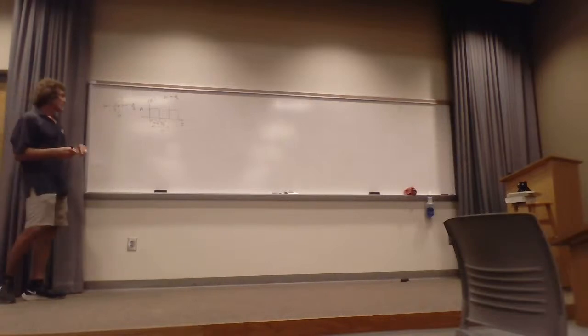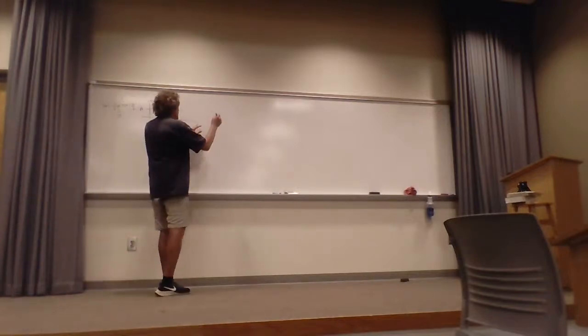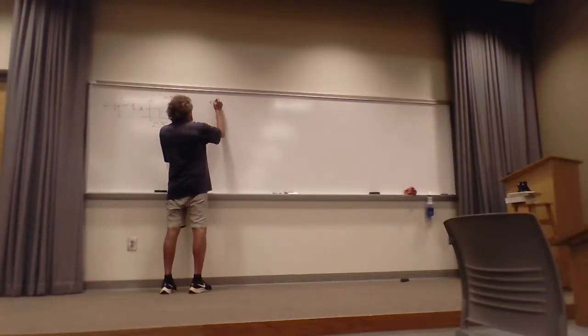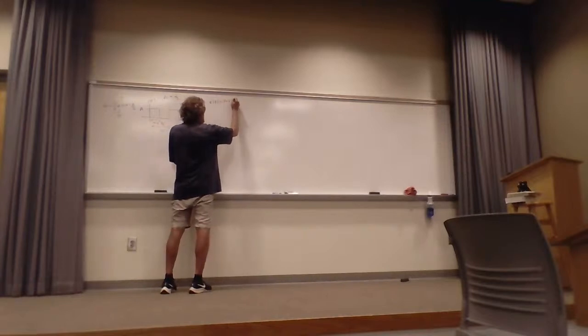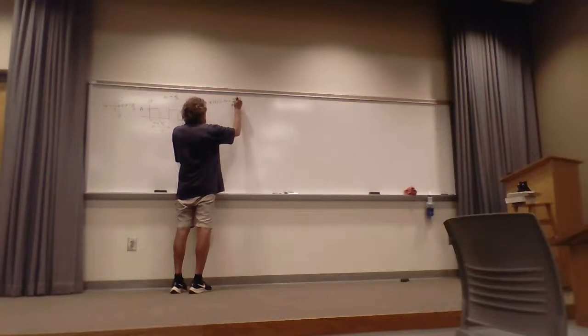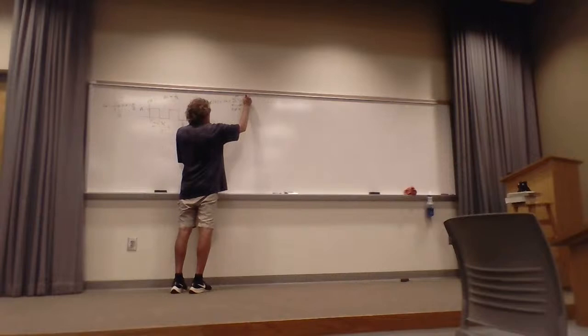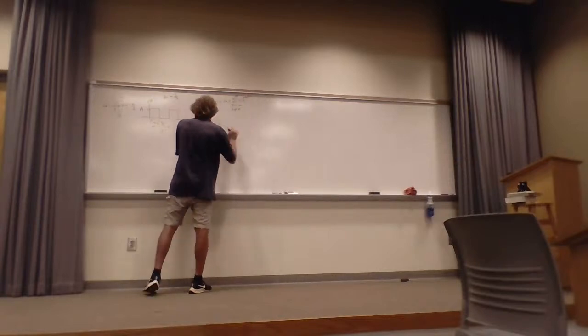Now, to get the actual Fourier series, the exponential series, x of t is equal to C0 plus a summation from n equals minus infinity to infinity, n unequal to 0, of C of n e to the j n omega naught t.